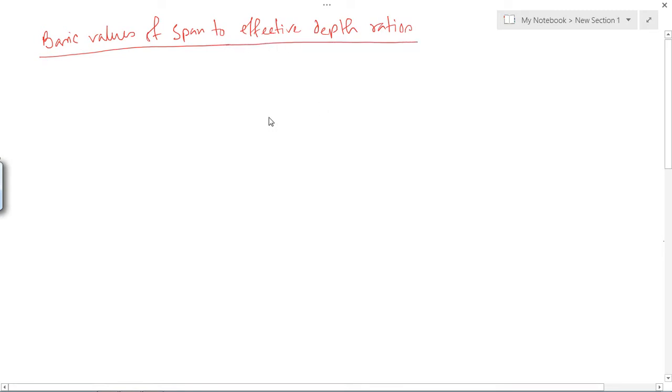Now the span to effective depth ratios are according to IS-456. Okay.